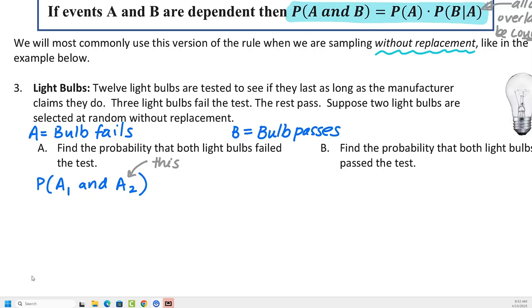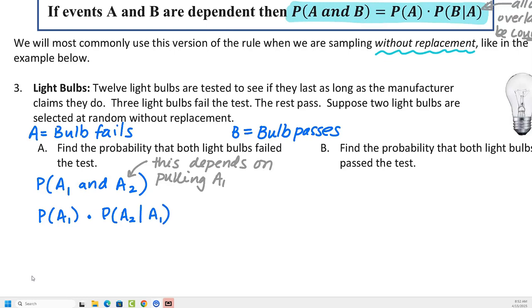So this depends on pulling A1. When I go to write this, it will be the probability of A1 times the probability of A2 given A1 occurred.